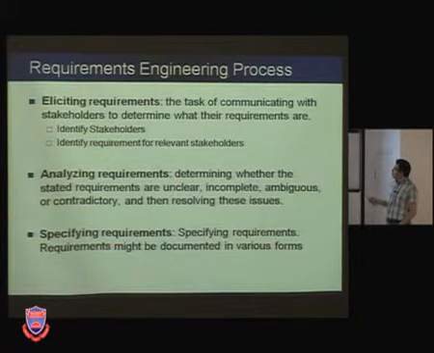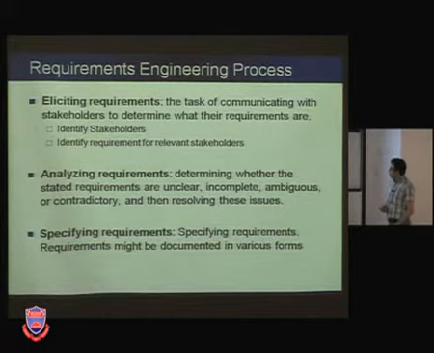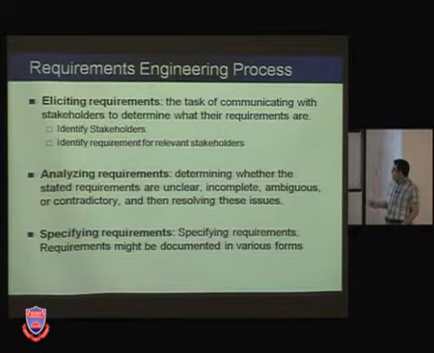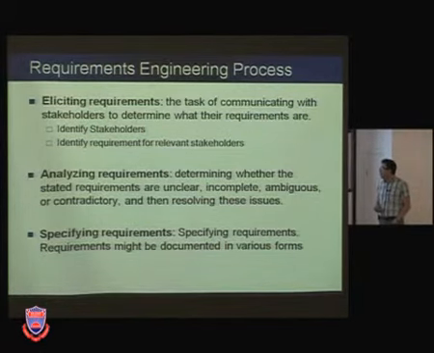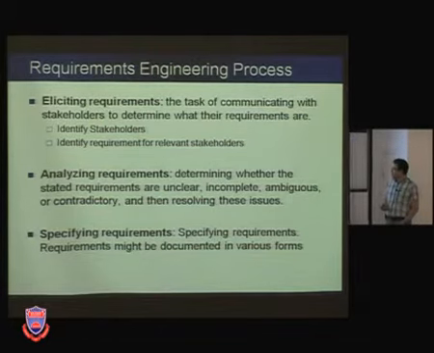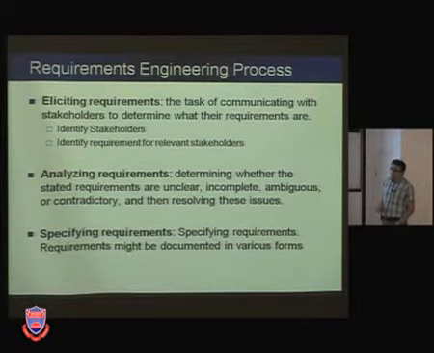In the requirements engineering process, there are three basic processes: eliciting requirements, from our perspective identifying the stakeholders and their requirements; analyzing requirements, where you check whether the requirements are complete, clear, precise, etc.; and finally, you specify them in the SRS document. That's what we will do in the project.